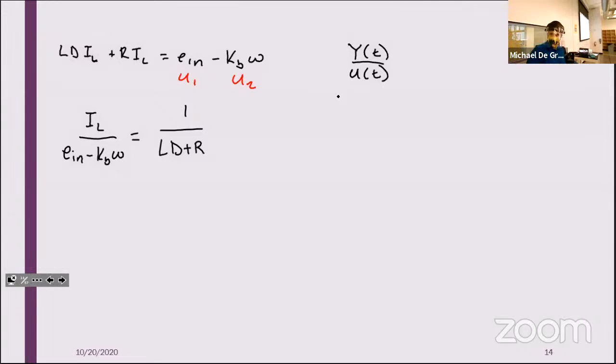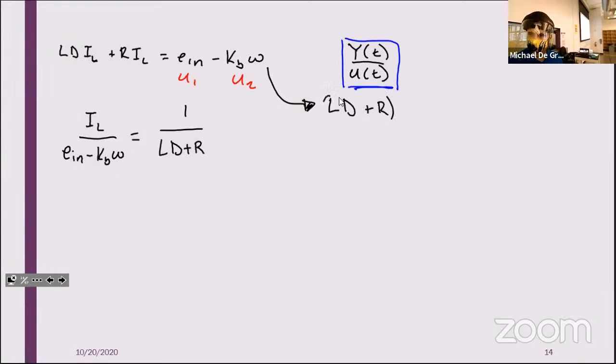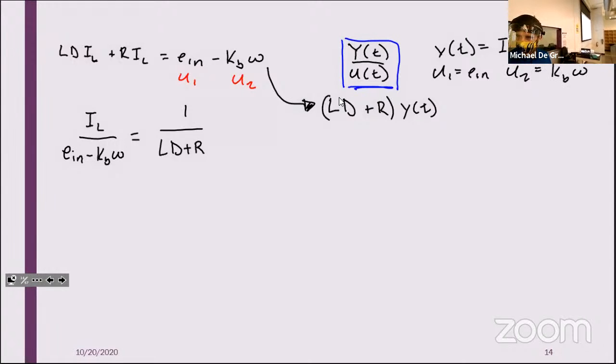Remember, we're making this ratio. So what did I do? Let's just step through it. In this case, we know that y of t is equal to I sub L, u1 is equal to E n, and u2 is equal to K b omega.